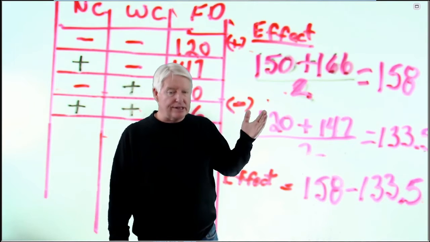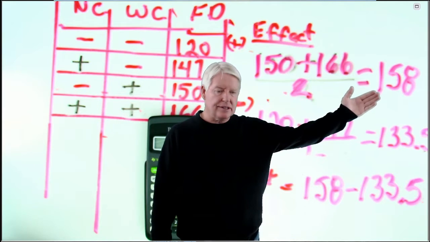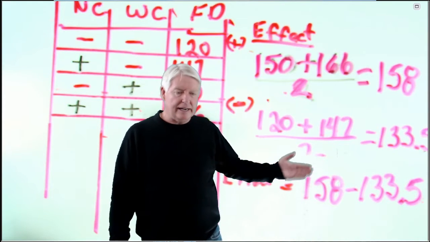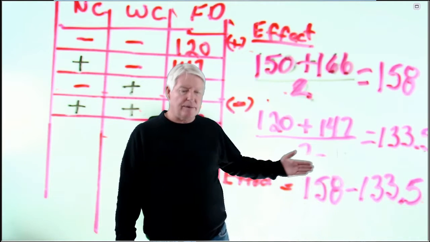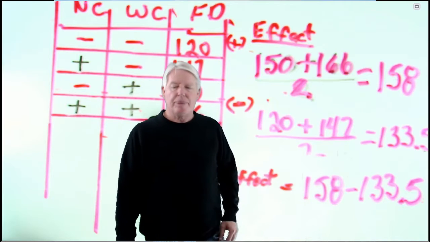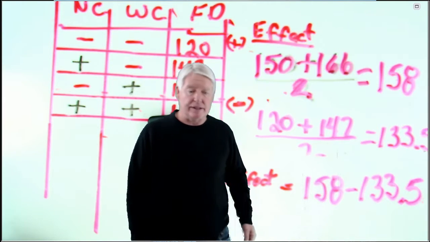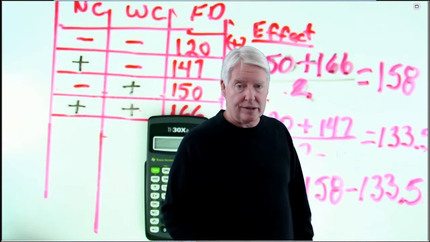You need to be consistent or you're going to get in trouble. So notice I did my positive first, 158, and then I subtracted my average from my negative setting. So I take my average of my negatives and I subtract it from the average of the positives. And I do that every time. Consistency is very important. If it's a negative effect, you need to record it as such.